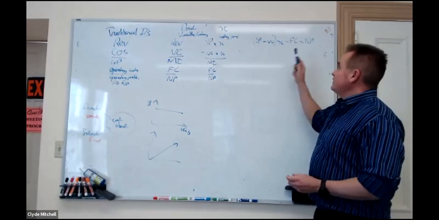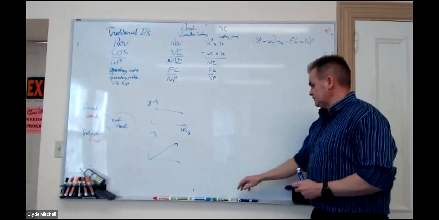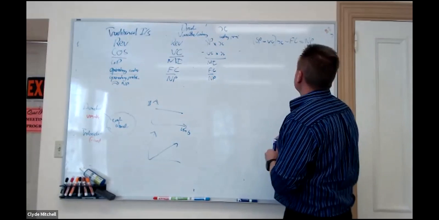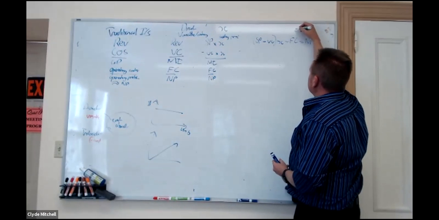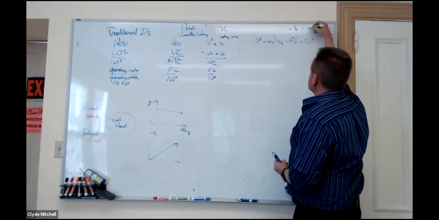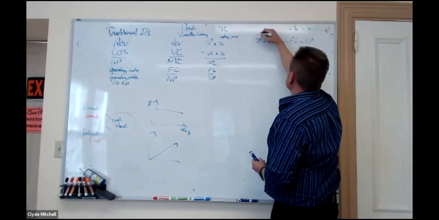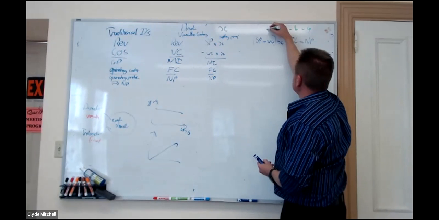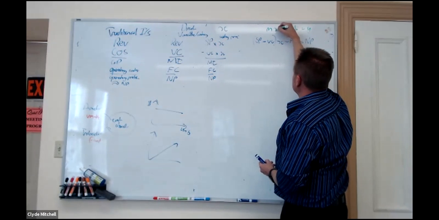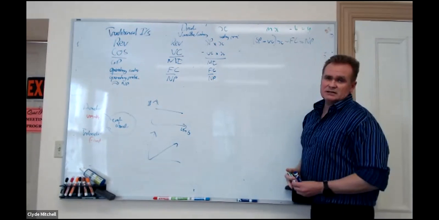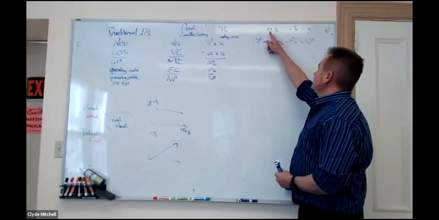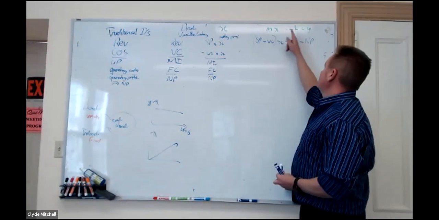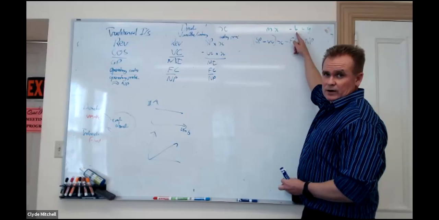If we look at this function, what type of function is it? In the US we talk about this as MX minus B is equal to Y. It's a straight line function. This is the gradient, and this is the intercept with the y-axis.